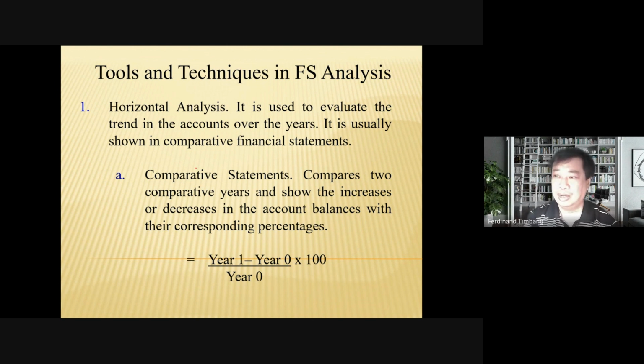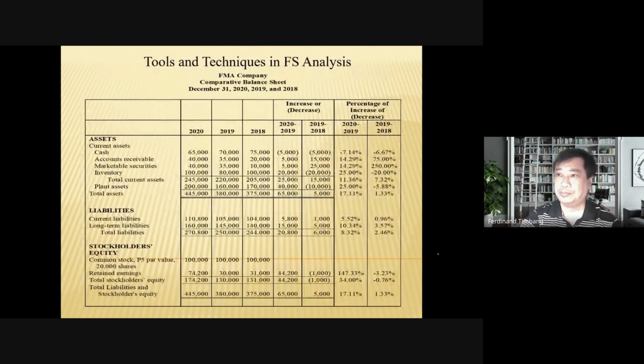We are determining the increase or decrease in amount or in percentage. So yung formula natin dito is year 1 minus year 0 over year 0 times 100.